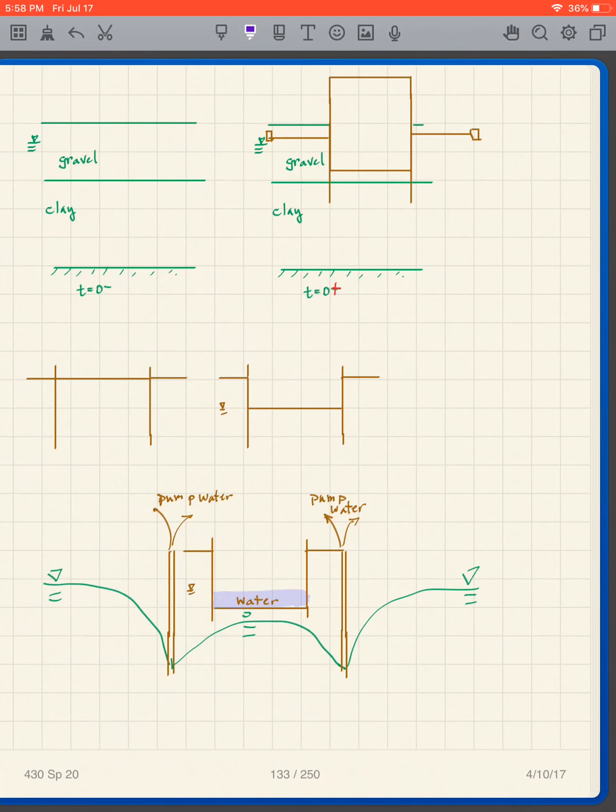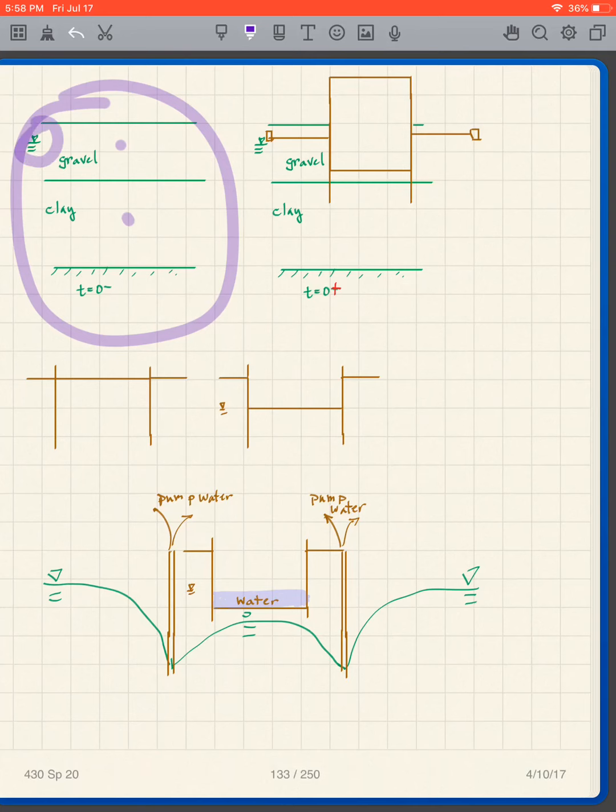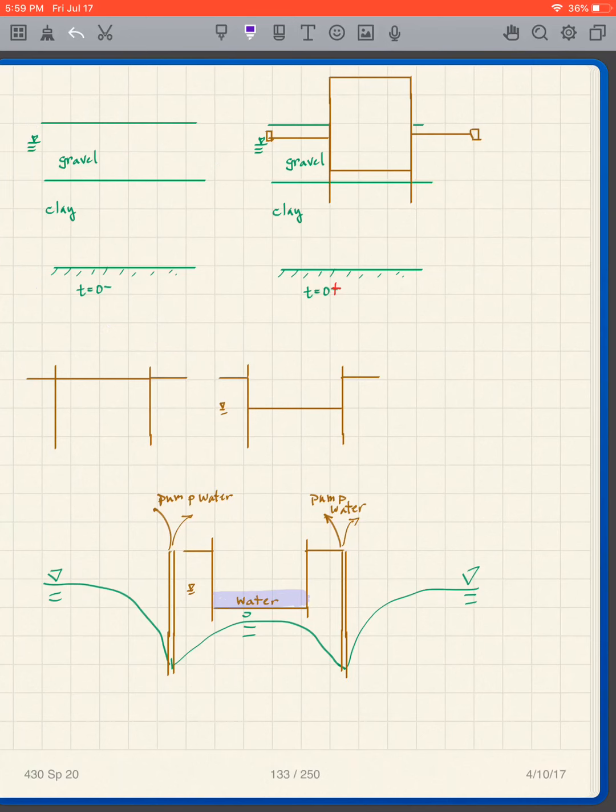Okay, I want to make a little comment here about our basement and some issues. Suppose this is my situation where I've got gravel, clay, and notice my water table is up here. And suppose I want to put in a basement that is going to go below the water table into the gravel.